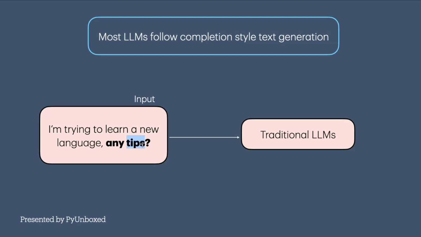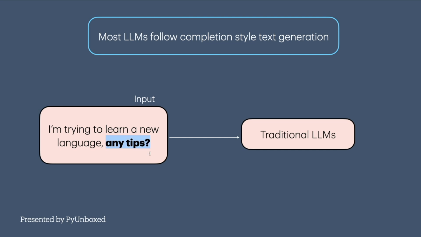Let me help you understand what I mean by completion style. Let's imagine we have some input which we are planning to pass to an AI or an LLM. Let's say it is something like "I want to learn a new language," and as soon as I give that limited amount of text, we notice that some more context is added to the text automatically. Let's see a quick example.